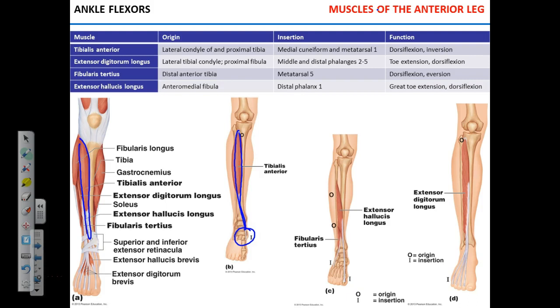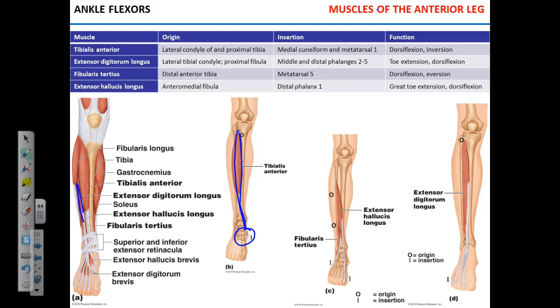Then you have a muscle called extensor digitorum longus. It is not very clearly seen. You can see on the left hand side extensor digitorum longus. It is lateral to tibialis anterior.